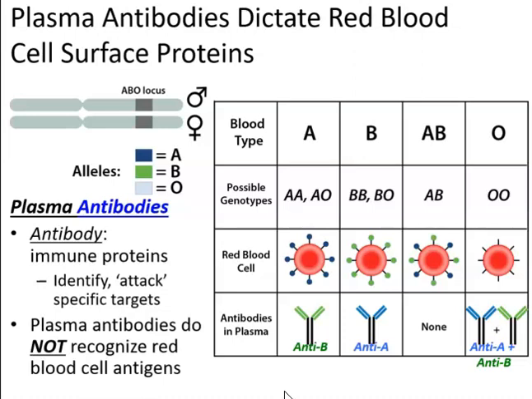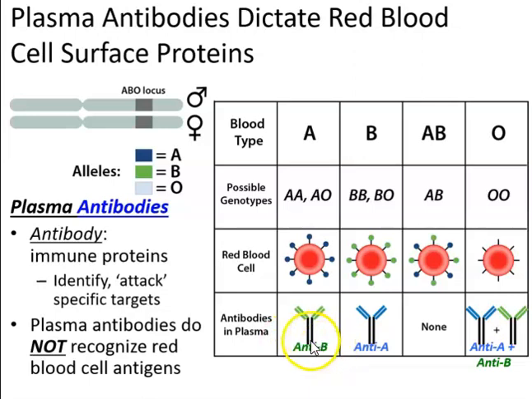So plasma antibodies dictate red blood cell surface proteins. If, for example, we have a person who is type A, type A means they have the A antigens on the surface of their red blood cells. Now, our bodies are made so that if we have an A antigen, we have B antibodies in our plasma, so anti-B antibodies.